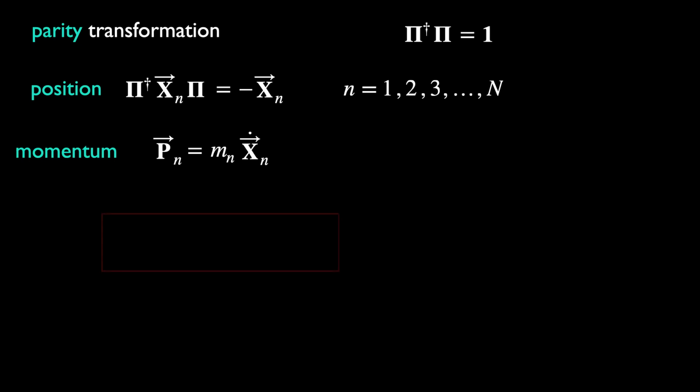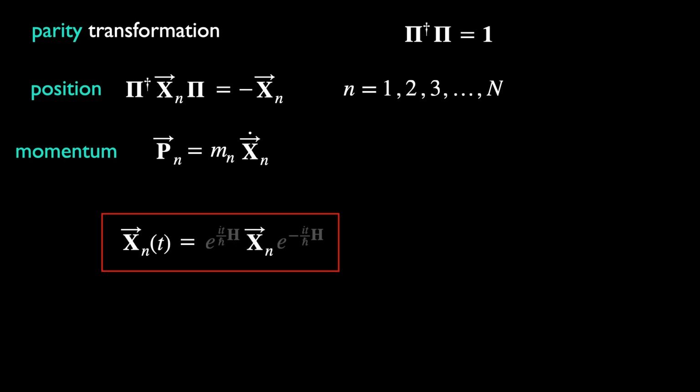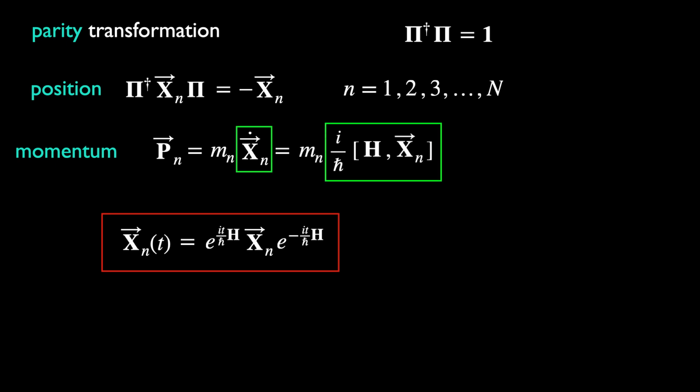Recall that operators evolve in time by the unitary transformation generated by the Hamiltonian. From this result, the time derivative of the position operator is just given by, which is just Heisenberg's equation of motion.